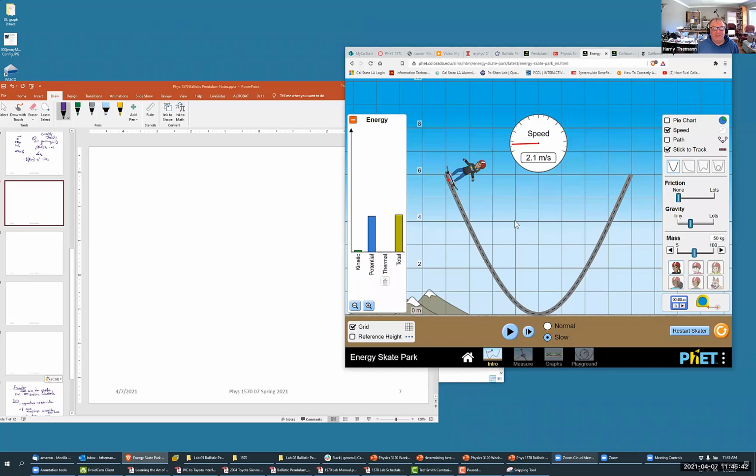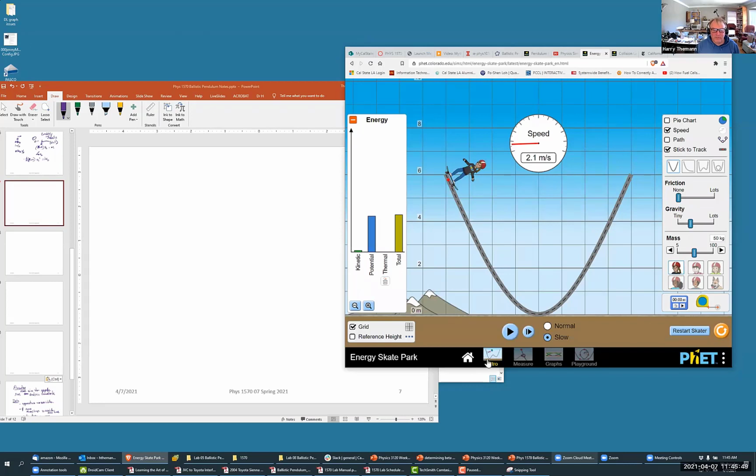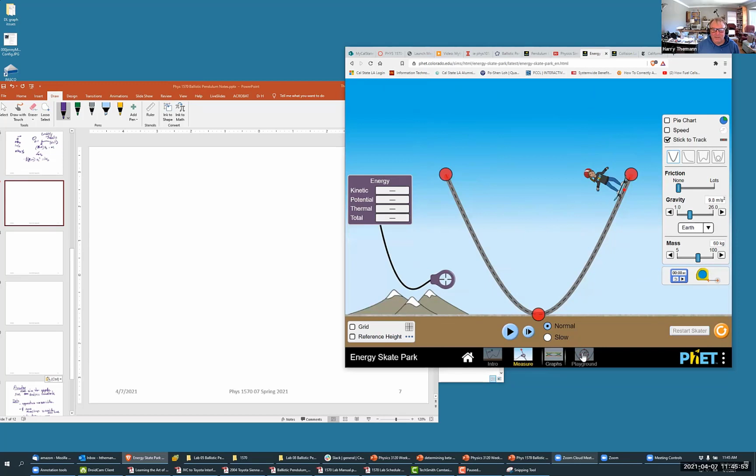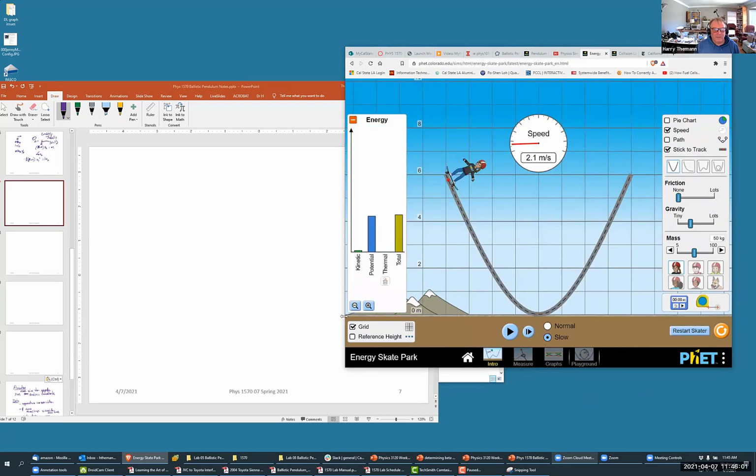Turn on the grid. Also notice you put it in this intro. There's different choices on the bottom. In fact, you can make your own roller coaster if you want. So we want intro, turn on the grid, turn on the speed, stick to the track.